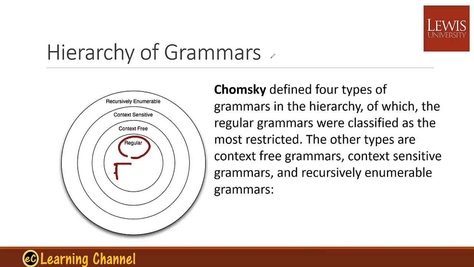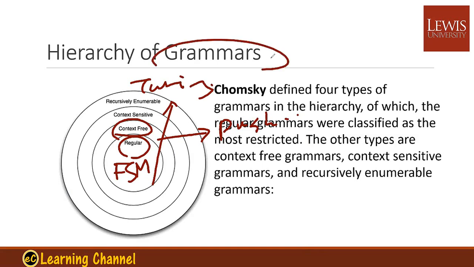Regular grammar is similar to a finite state machine. Context-free grammar is similar to a push-down automata. So don't get scared by these names. It's more or less like the one I showed you: finite state machine, push-down automata, and Turing machine. It's just the name of grammar. And how important is this Chomsky?